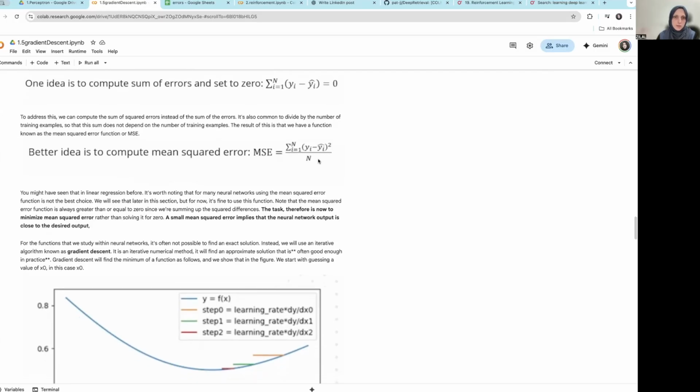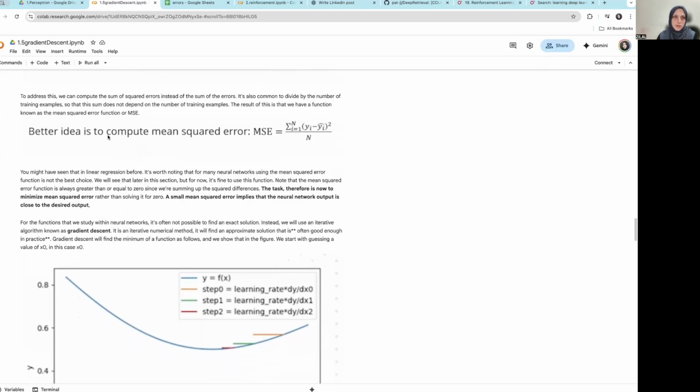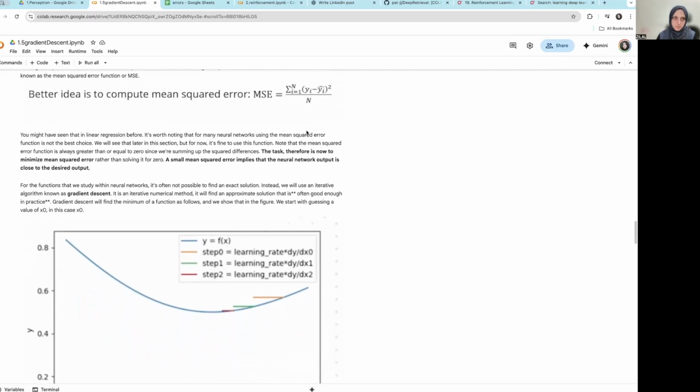The result is a function known as mean square error, or MSE. This is the MSE: the sum of (y_i minus y hat_i) squared, divided by the number of examples.